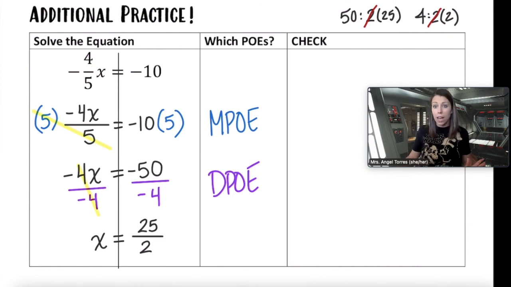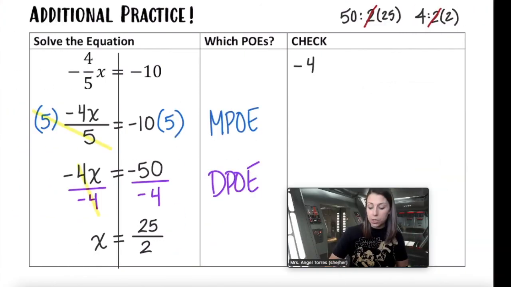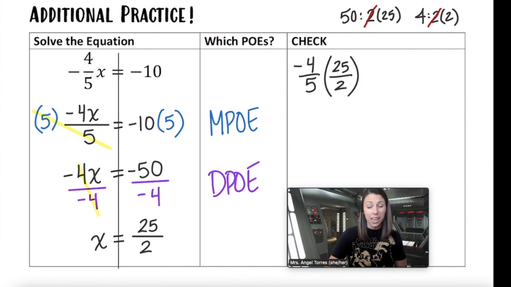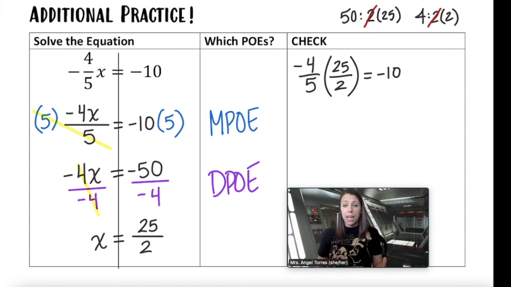Well, let's find out. To start my check, I'm just going to rewrite the equation, but replace x with 25 halves. You could also do this, again, with decimals and a calculator if you wanted to. Now the rules for multiplication are pretty clear. You just multiply straight across.